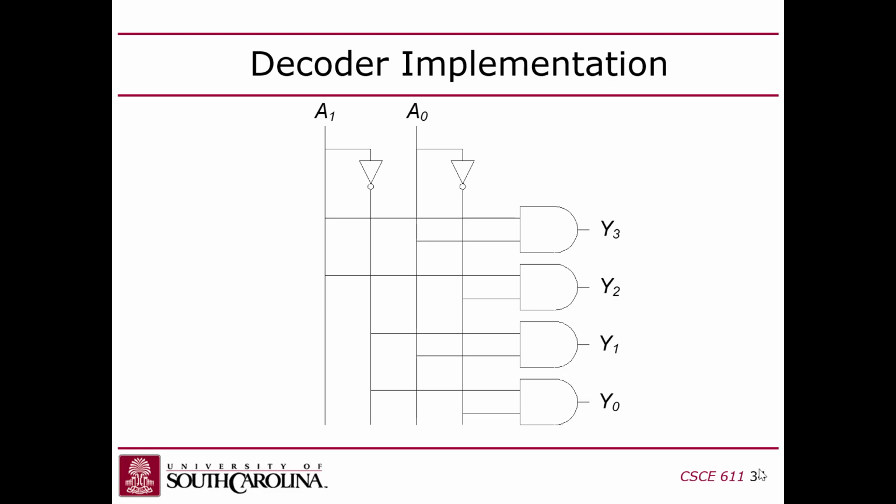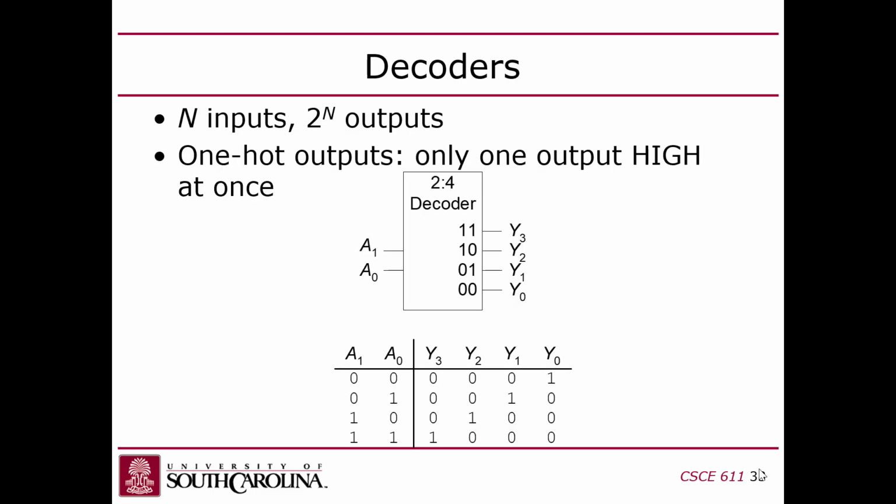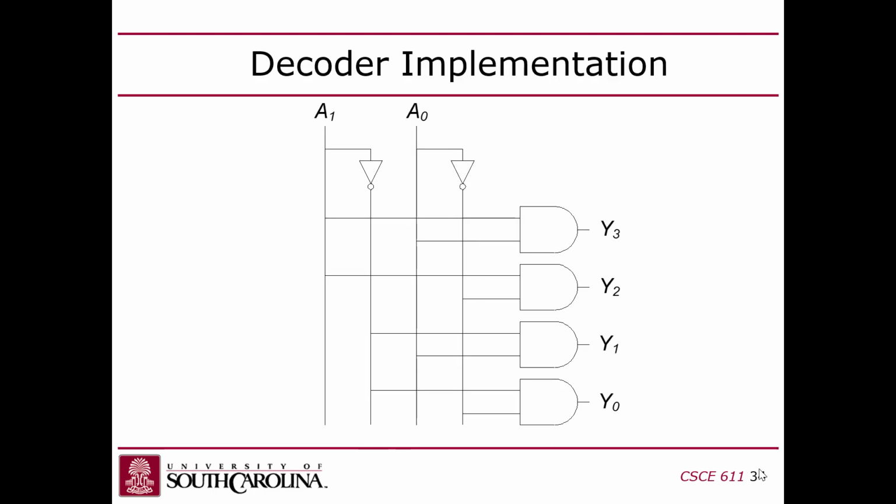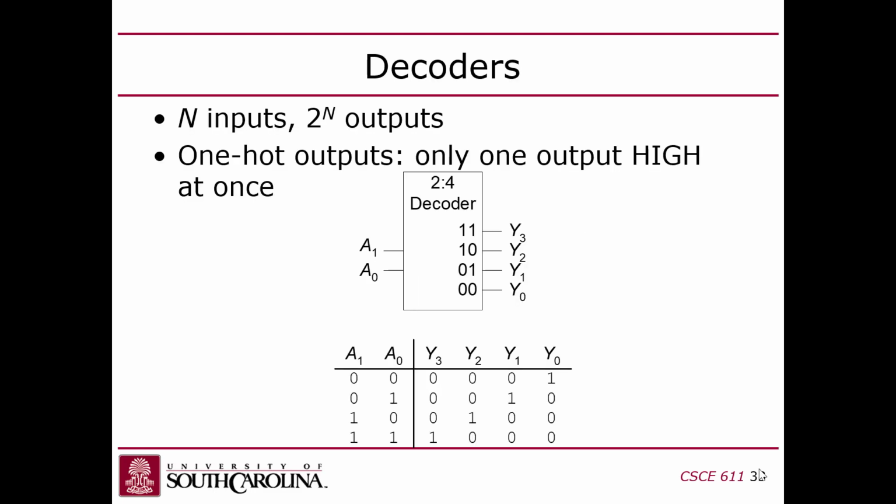So Y3 is going to be asserted when A1 is true and A0 is true. Right? Make sense? So 1 and 1 gives you true on Y3, and then Y2 is A1 true and A0 false. If that was the case, you get Y2 true, which is this row. Make sense?